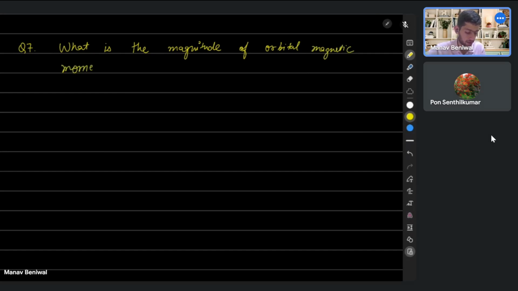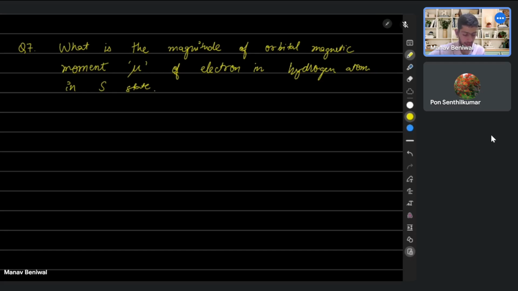So you are given an orbital magnetic moment mu of an electron in a hydrogen atom in s state. Okay, so this is in s orbital.